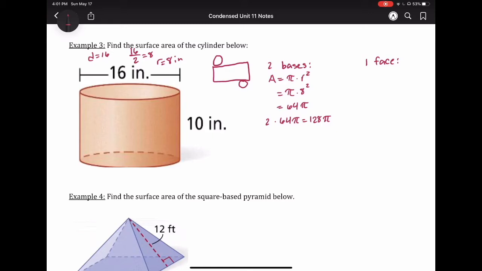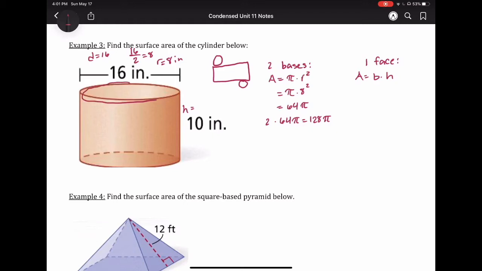The face of this cylinder is a rectangle, so the area is base times height. It tells me the height is equal to 10. It gives that to me. Here's the thing that you might not see right away. The length of the rectangle, or what we call base in the formula, has to go all the way around the circle.